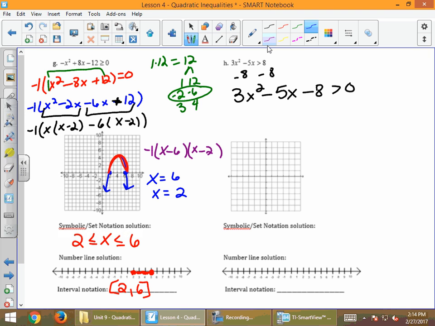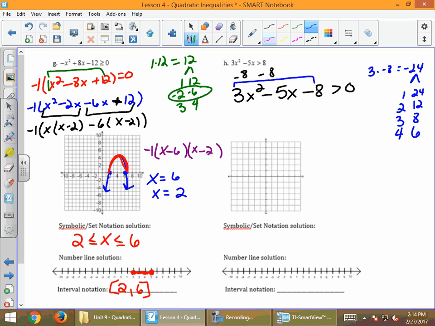So again, when we factor, multiply your first and last. To get what? What's 3 times negative 8? Negative 24. And what are all of our factors of 24? 24, 2 and 3 and 4 and 6.